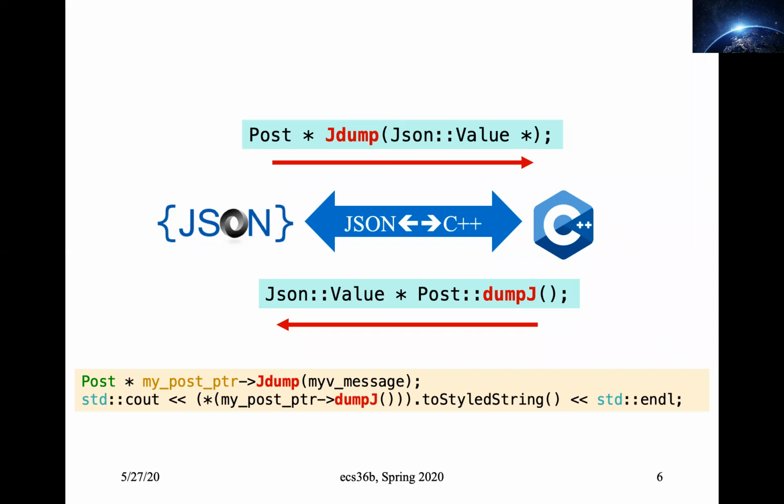So you can just put that JSON object in as a parameter. It should convert it automatically into the myPost pointer. It will actually go into the empty myPost pointer. After you've done that, this will have the C++ representation.